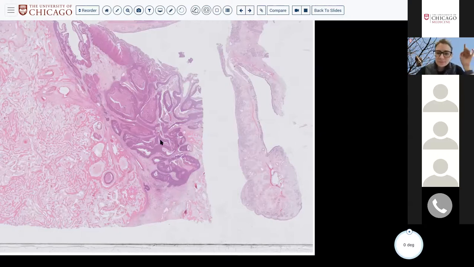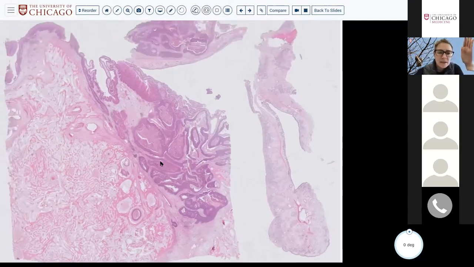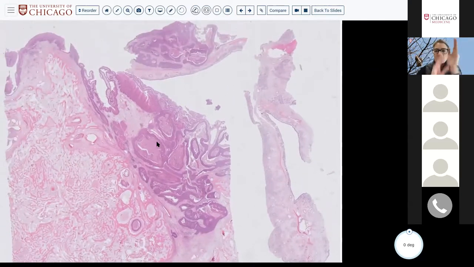So then we have this lesion that is next to the turbinate. If you think about the anatomy of the nasal cavity, you have the septum in the middle, you have the turbinates on the side, sticking off of the lateral nasal walls. So just because I can, I'm going to take 2 seconds to draw this, right?